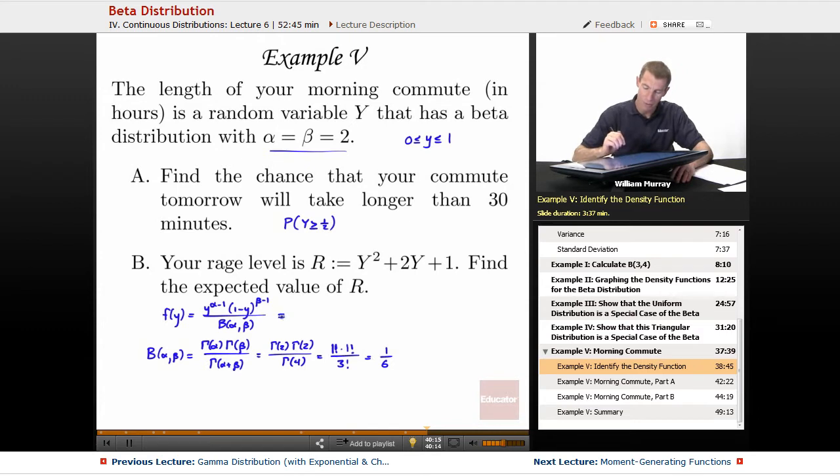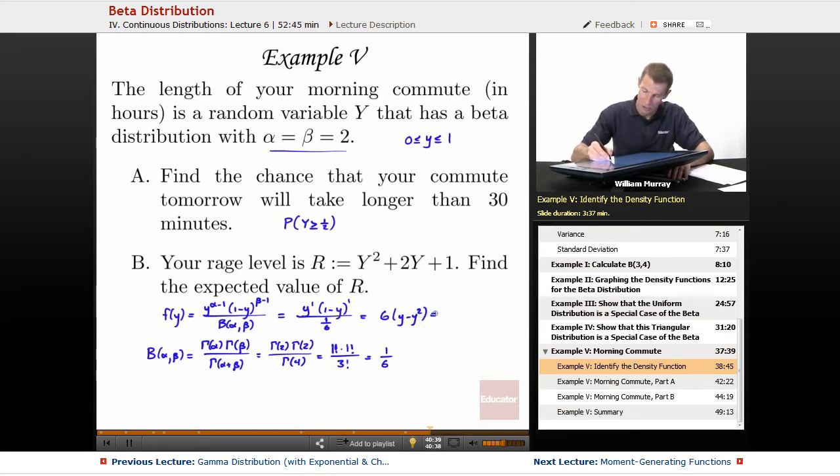Now, this f of y is y to the alpha minus 1, so that's y to the 1. 1 minus y to the beta minus 1 is also to the 1. And now we know that we're dividing it by 1/6, so this simplifies into 6 times y times 1 minus y, which is y minus y squared.